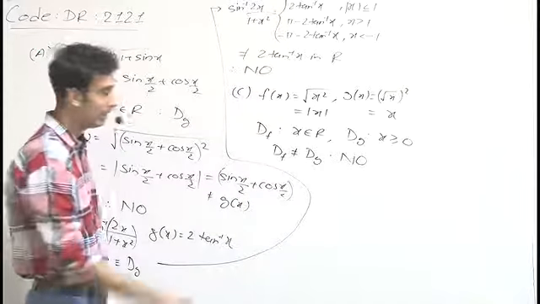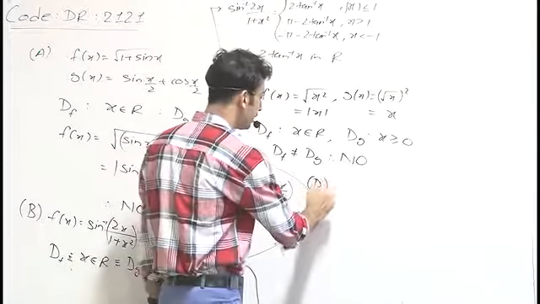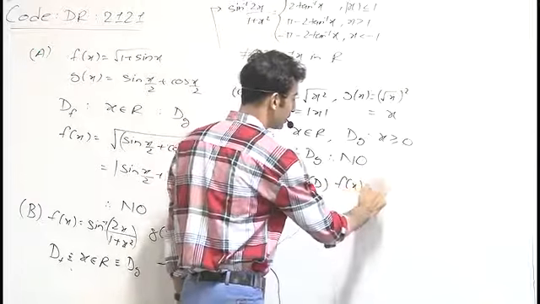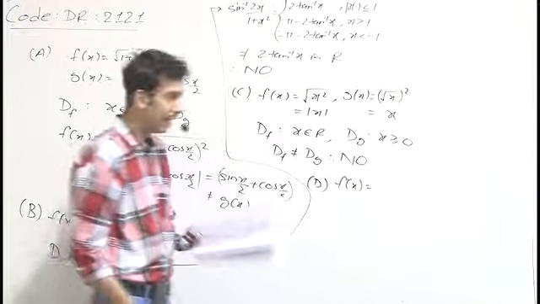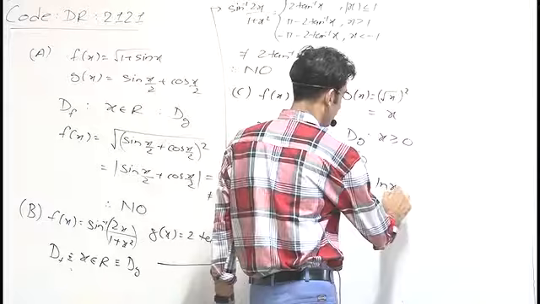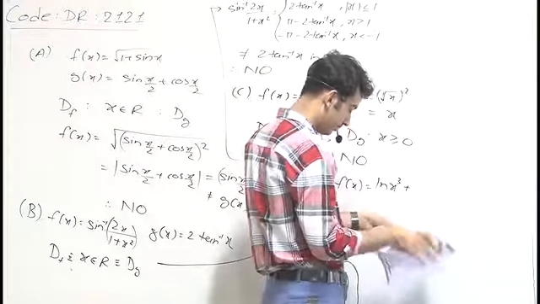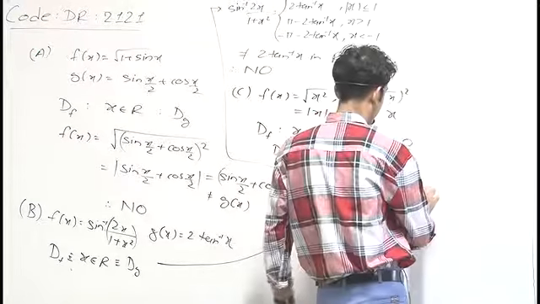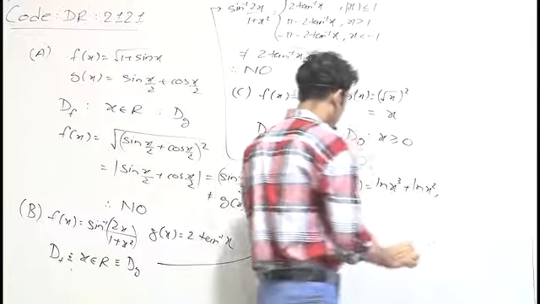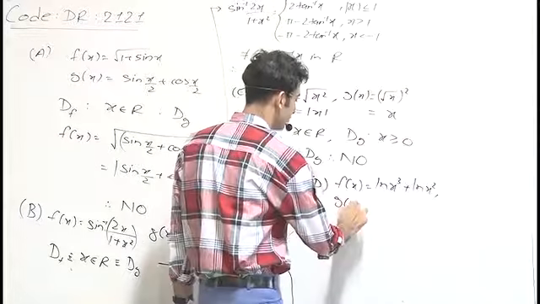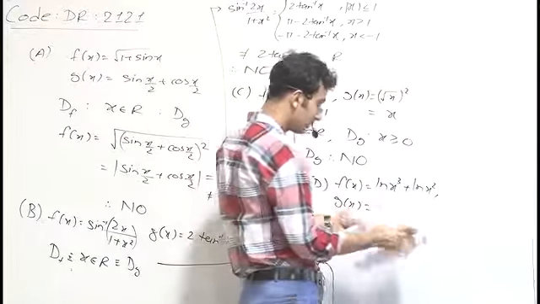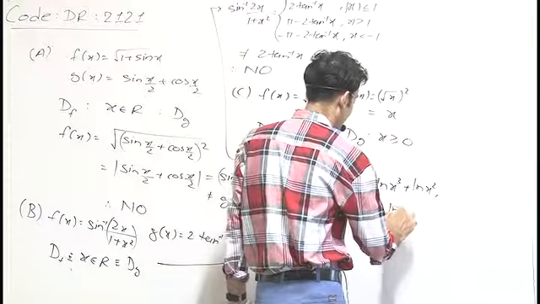Now we will go for the last option, option D. In option D, the first function f(x) is given as ln x cube plus ln x square, and g(x) is given as 5 ln x.